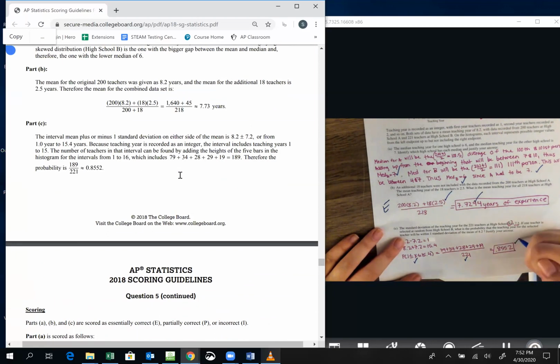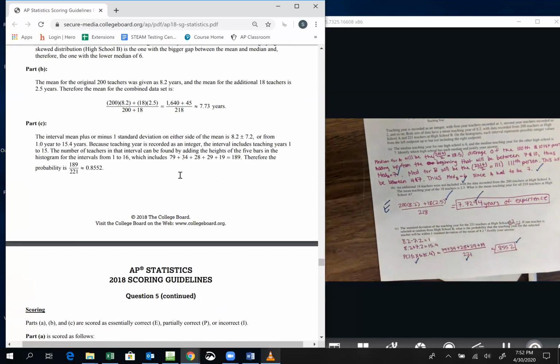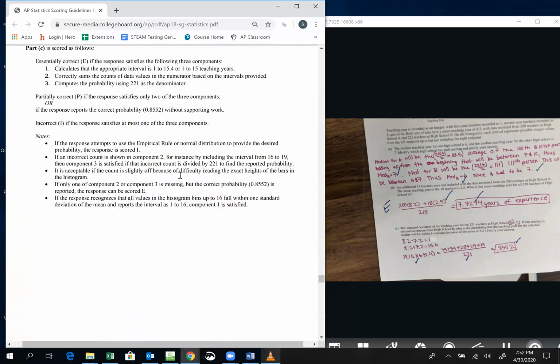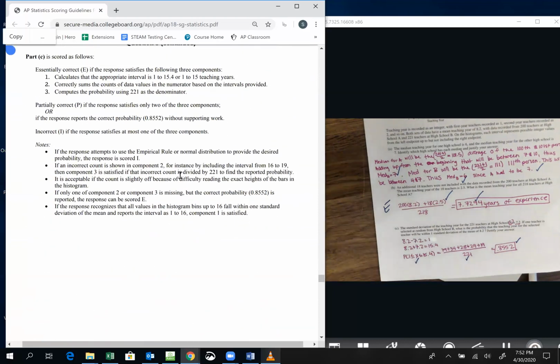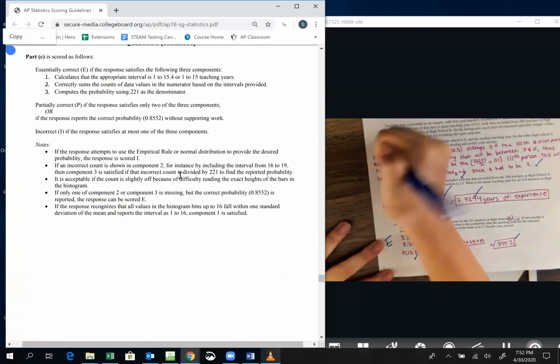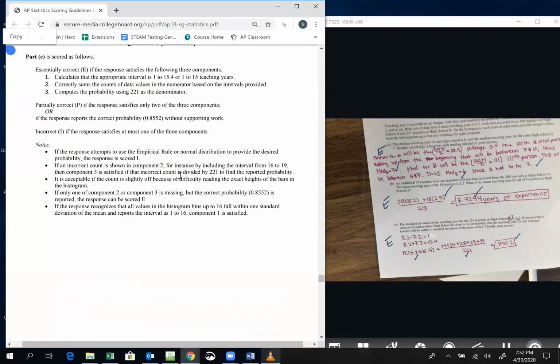Yeah, they got the same thing. Essentially correct. Oh, this was essentially correct. Partially correct if you had 2 of the 3 components, or if you got the correct answer without supporting work.